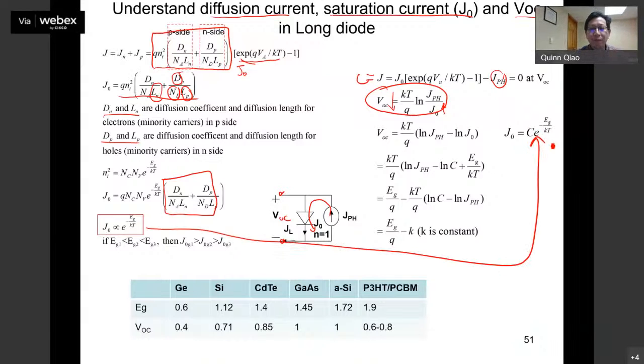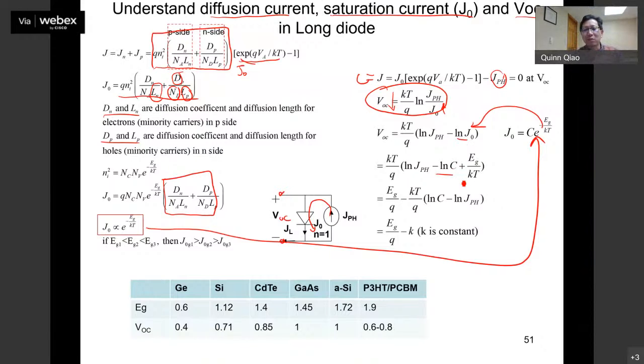Because it's proportional to E power minus EG over KT, we just assume that the coefficient is C. You can say GIAN equals C times exponential minus EG over KT. Then you plug that back here. That's minus log C plus EG over KT.